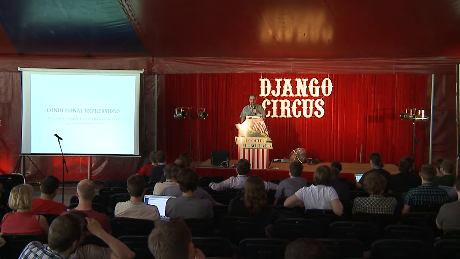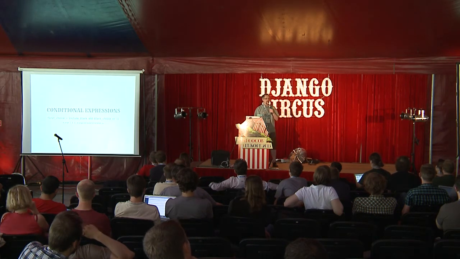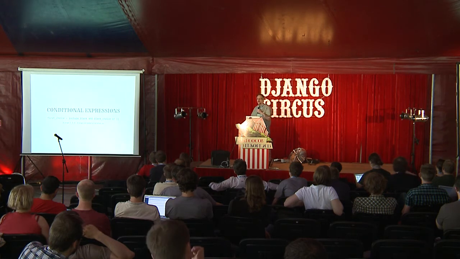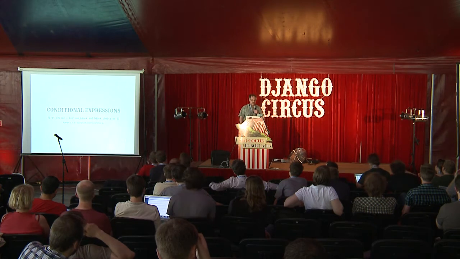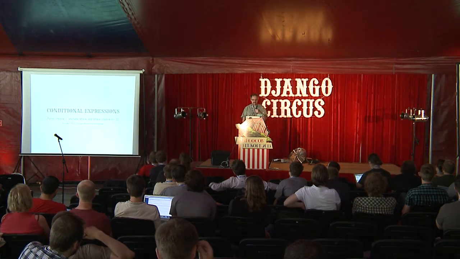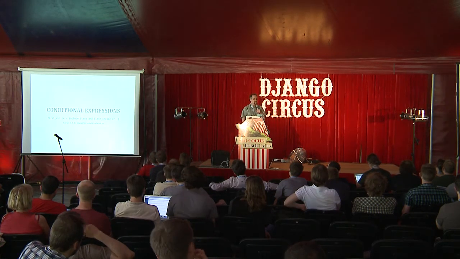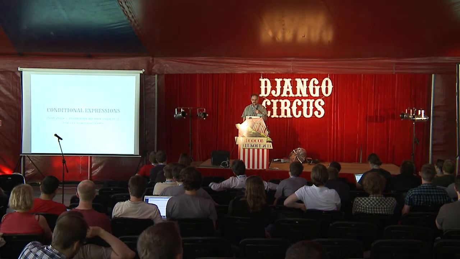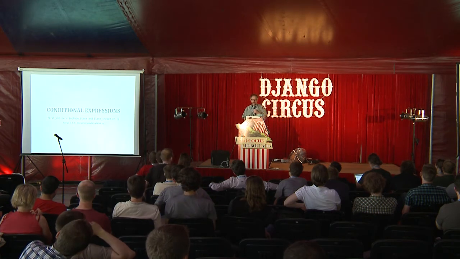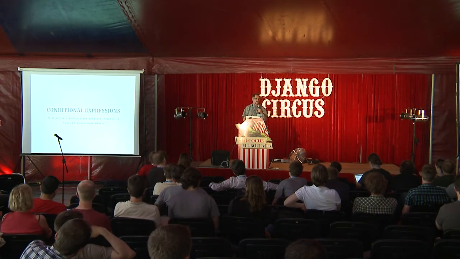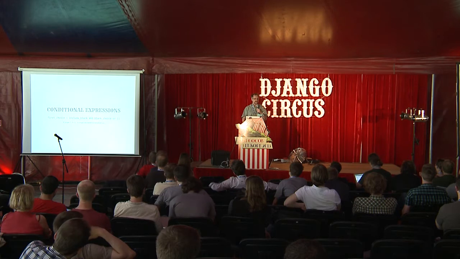But what happens if blank choice also evaluates to something false? If it's an empty string or an empty dictionary or none? Well, then first choice gets set to the empty list. In this example from Django, that's not a problem, because putting in a blank choice that evaluates to false doesn't make any sense.